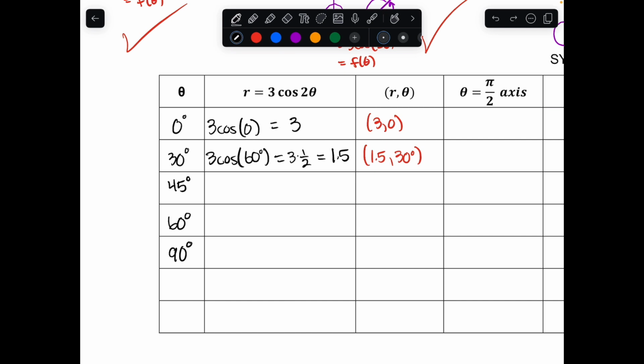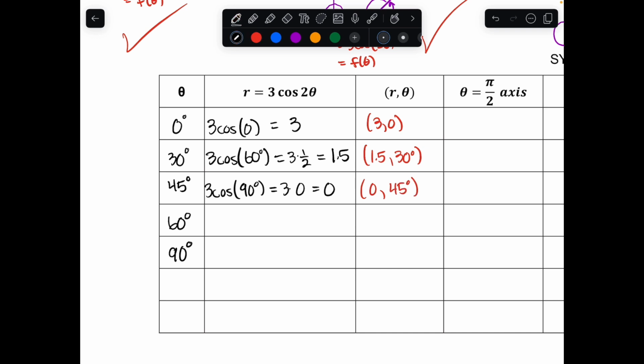Now, at 45 degrees, we have 3 times cosine of 2 times 45 degrees, which is going to be 90 degrees. Cosine of 90 degrees is actually 0. So we have 3 times 0, and so we get a value of 0. So we get the point 0 at 45 degrees.